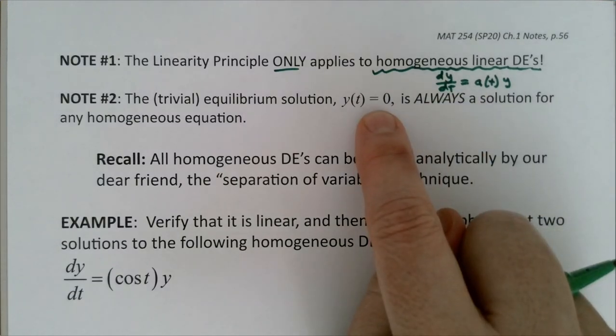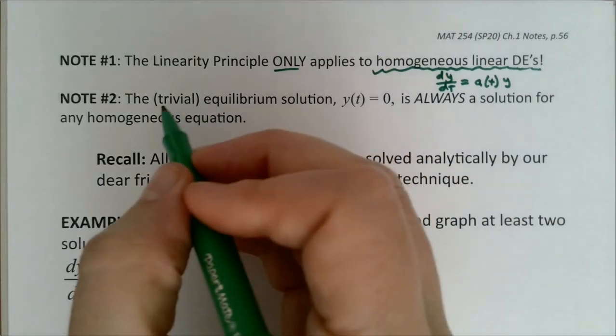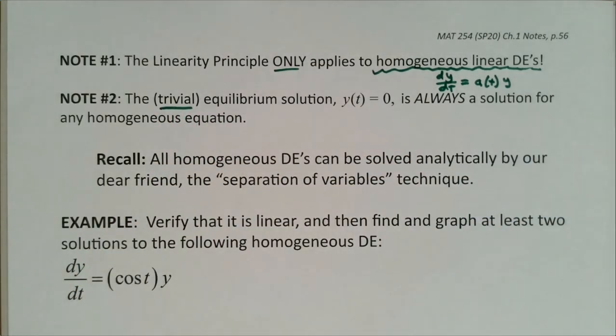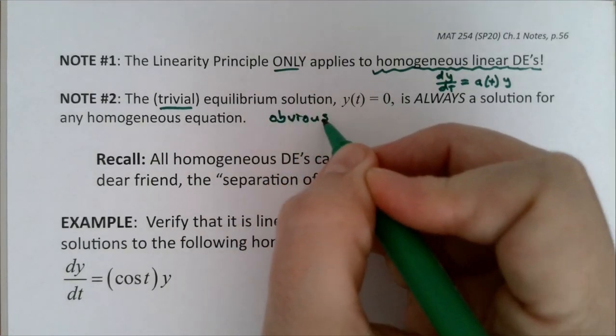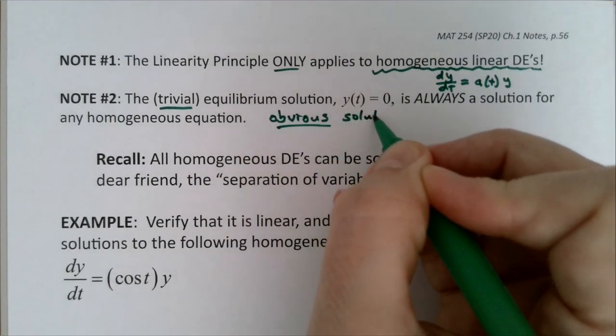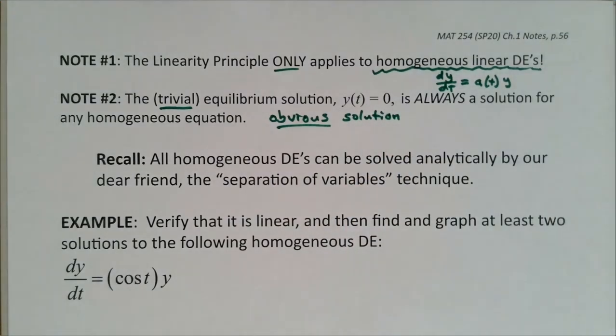And so sometimes, in mathematics we have kind of a flippant way of referring to those sort of solutions. We refer to it as a trivial solution. So another way of saying it is there's an obvious solution, and y equals 0 is the obvious solution. We might refer to it as the obvious equilibrium solution as well, right?